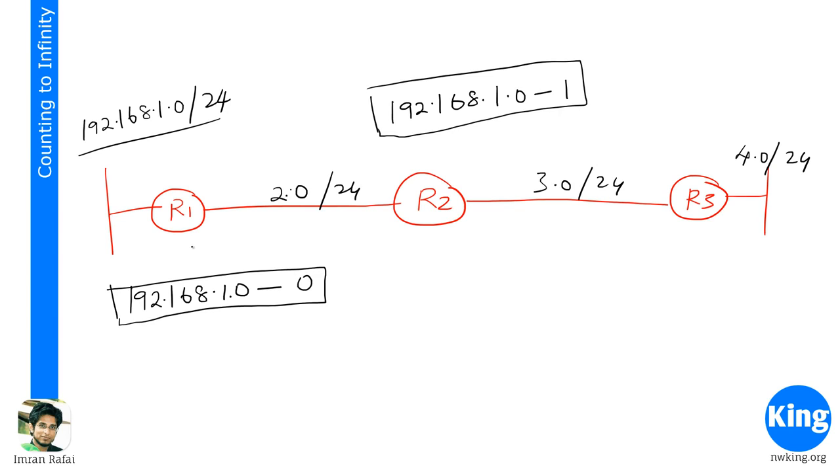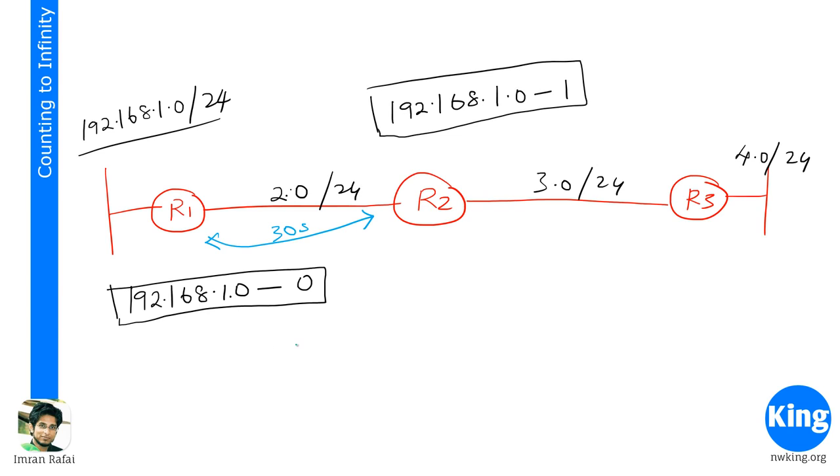R1 has this route accessible at 0 hop count because it's directly connected to R1. When it sends an update, which it sends as part of the routing protocol, RIP, we learned in our last video that every 30 seconds they send an update to each other, right?